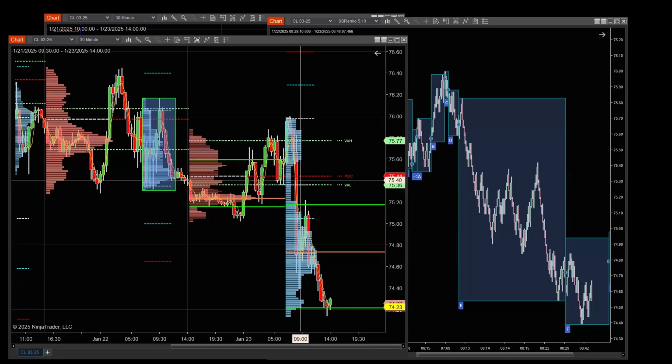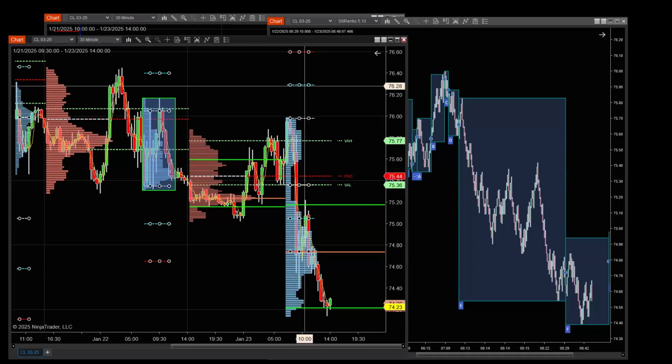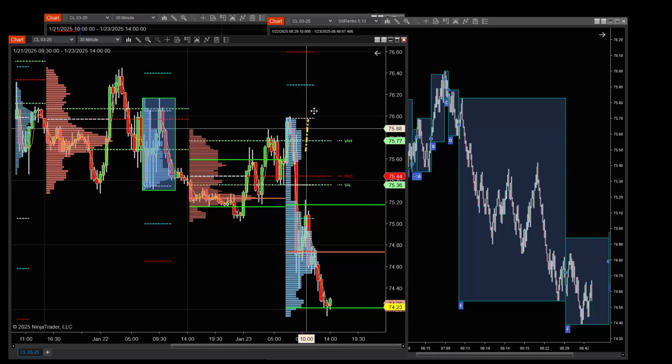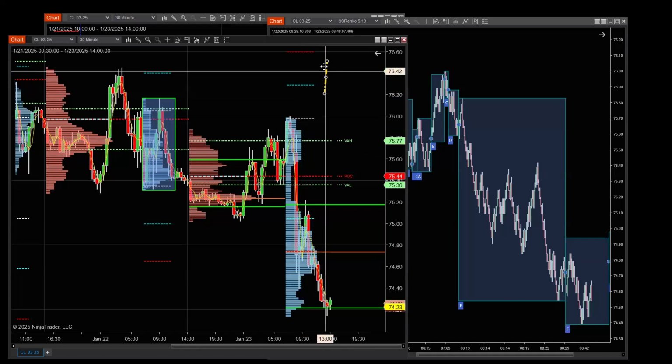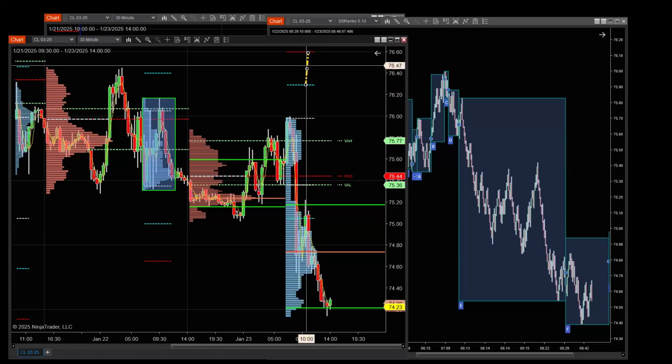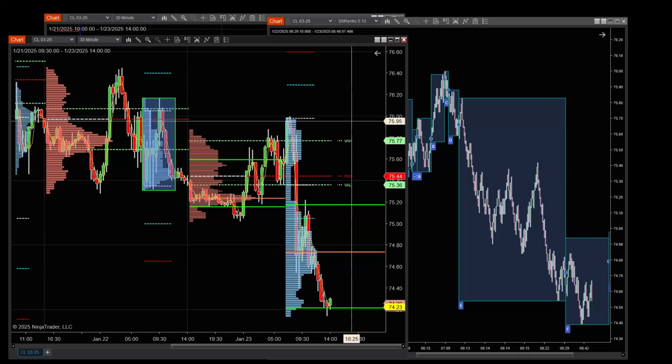This level right here is half of that again higher, and this one is half again higher again. We call these the initial balance period multiples, which I mentioned earlier.